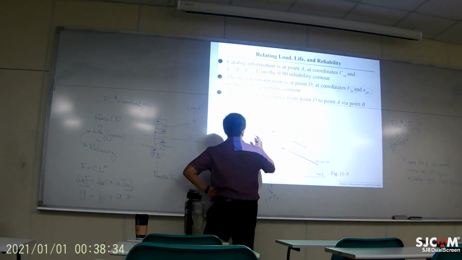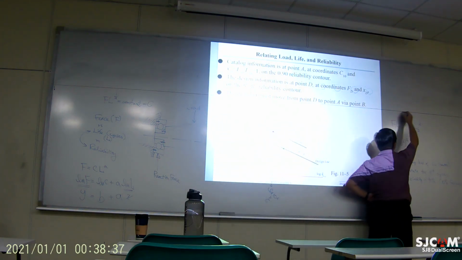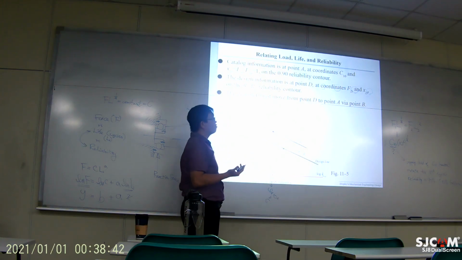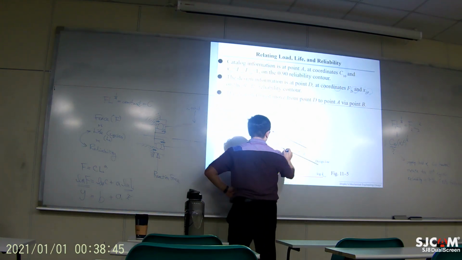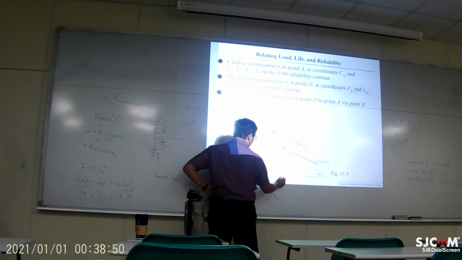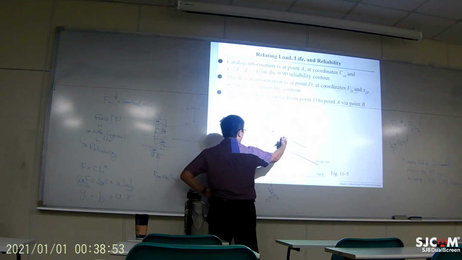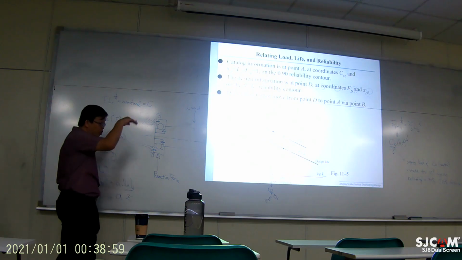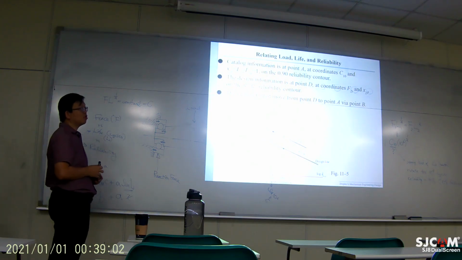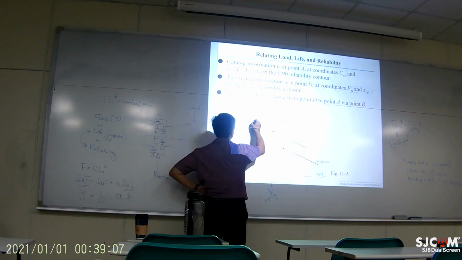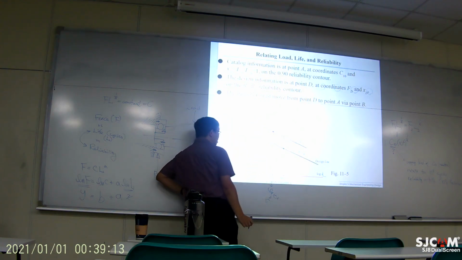So you use this set of equations to look for the allowable force for longer life. For example, if you are looking for longer life at the same reliability, the allowable force would be smaller because you want a longer cycle. Or if you are looking for higher loads, then with the same reliability, you can only last for a shorter life.